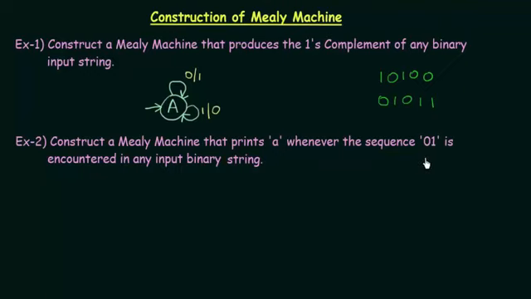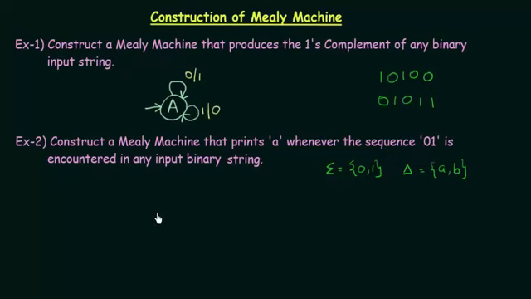So we can have any input binary string, and whenever you see this sequence 0 1, then it should print an A. So let's say that here our inputs could be zeros and ones, and our outputs could be A's and B's. Okay, and then we should print A when 0 1 is encountered.